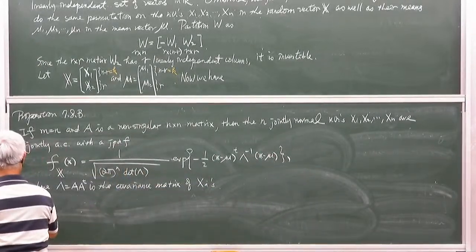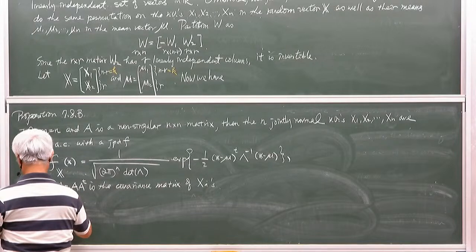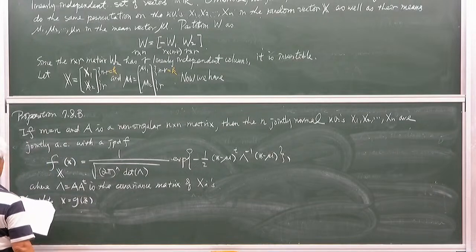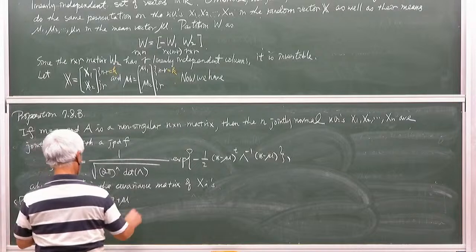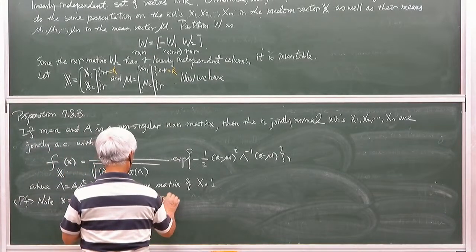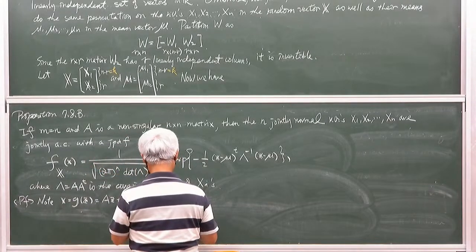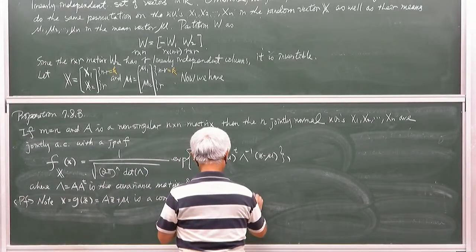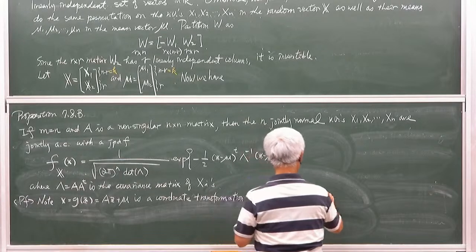And the proof is that we know that, consider a function X of Z, which is the linear function. So this is a coordinate transformation on R^n since A is invertible.